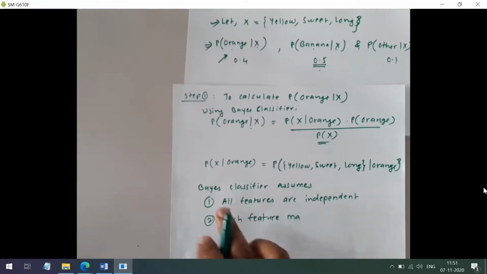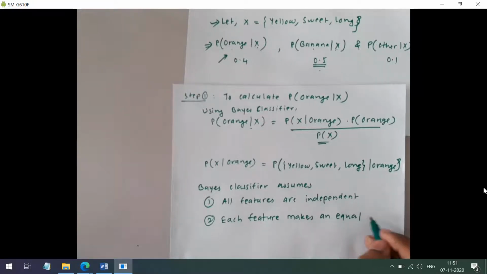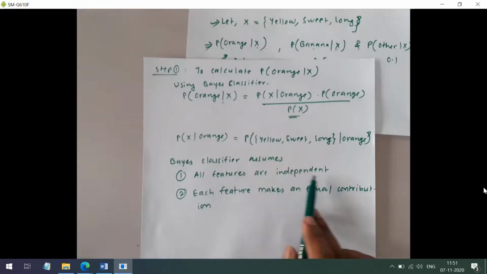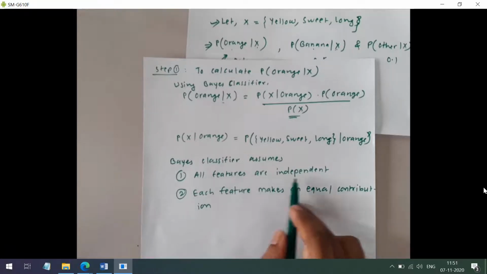So this is the inductive bias of Bayesian classifier. It assumes two things: all features are independent and each feature makes an equal contribution. So there is no importance given to one particular feature, and all features are independent.